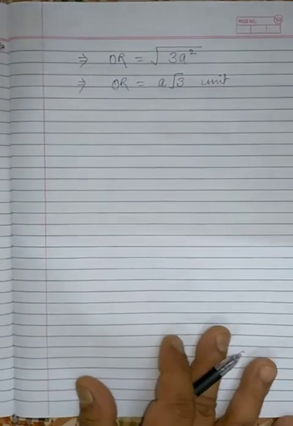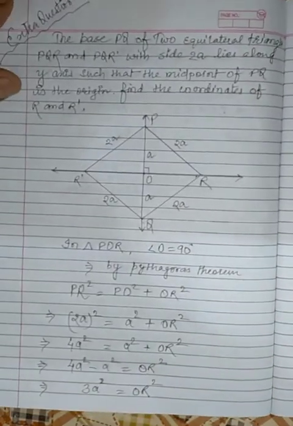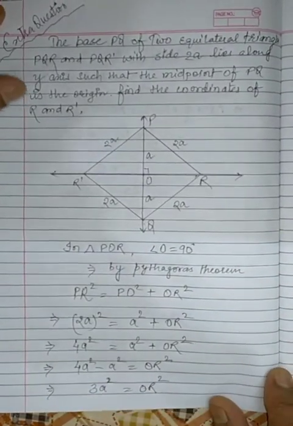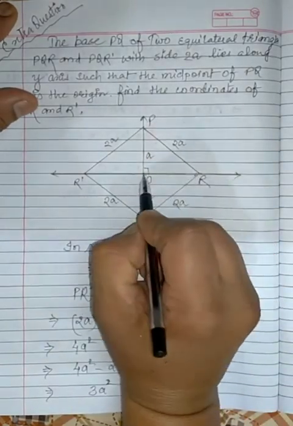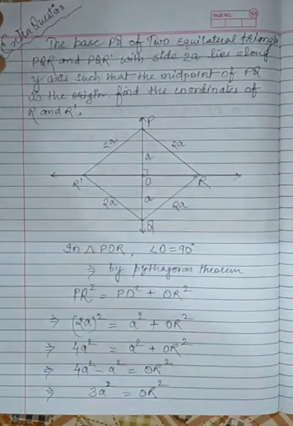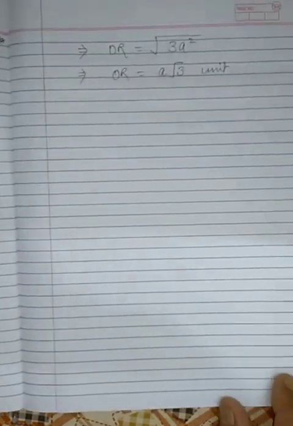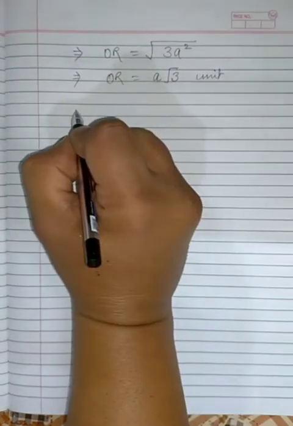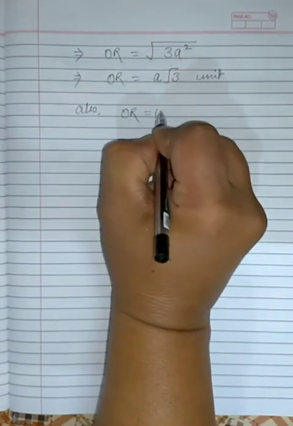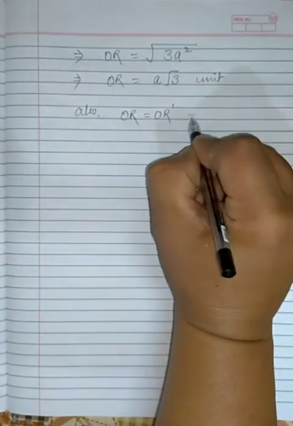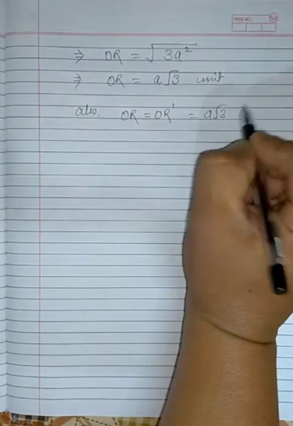Now as per the figure, as both the triangles are equilateral triangles, being in the Cartesian plane, distance OR will be equal to OR dash. Also, OR is equal to OR dash and both are equal to A under root 3.